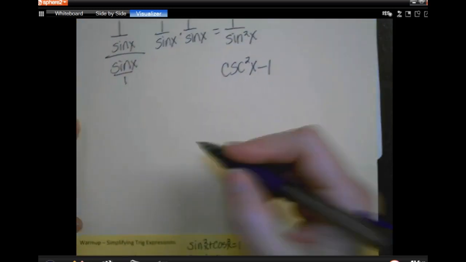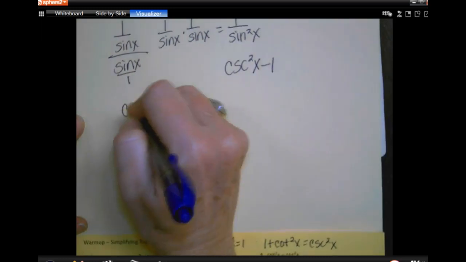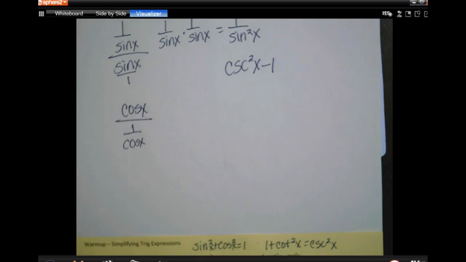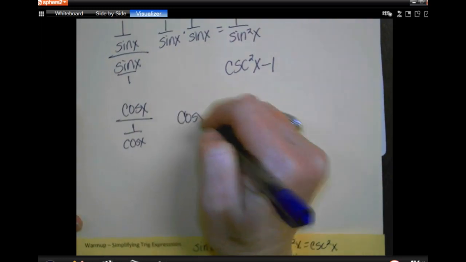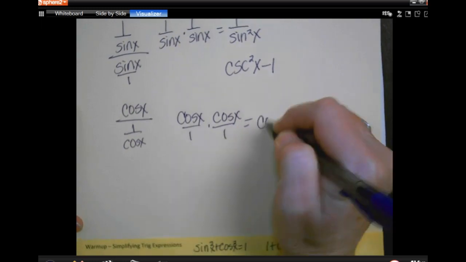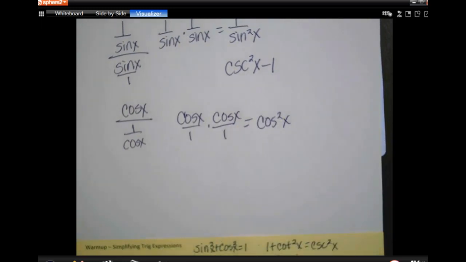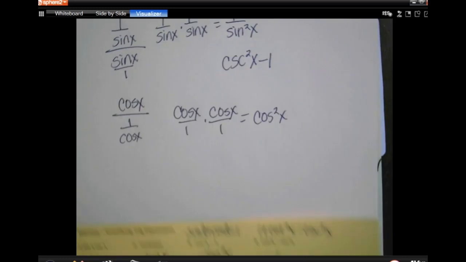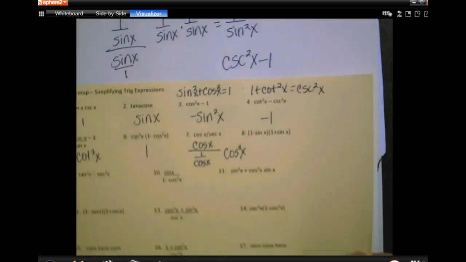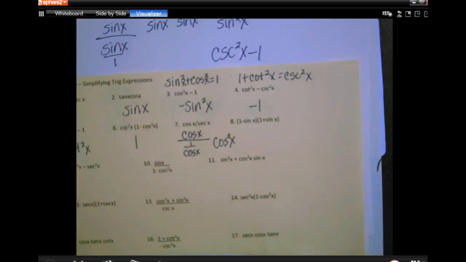Okay, you guys. Okay, this is like the 4th grade math part. So cosine of x over 1 over cosine of x. So when you flip it, you have cosine of x times cosine of x. Number 8.